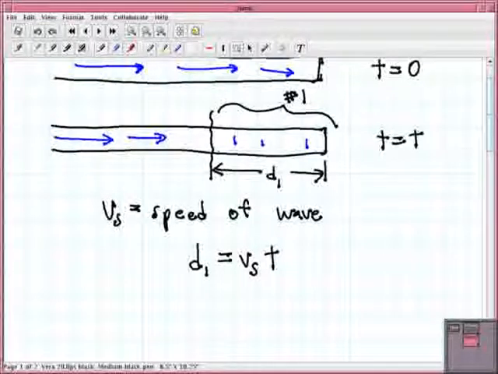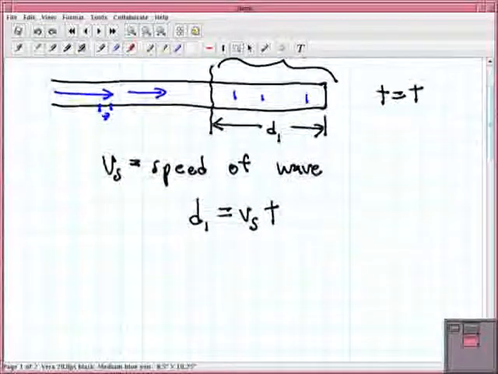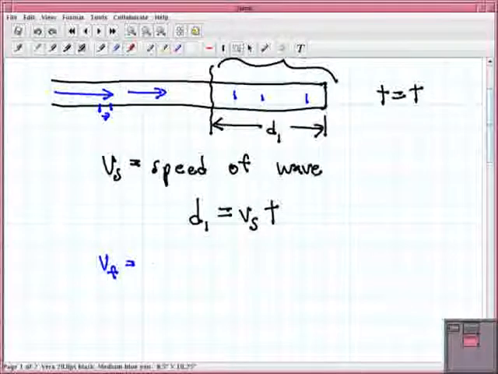Now at the same time this was happening, the water up here was also moving. And if you look at any particular point of water here, it has moved a much shorter distance, but it has moved that distance because the water is also moving with the speed I'll call Vf, the speed of the flow.